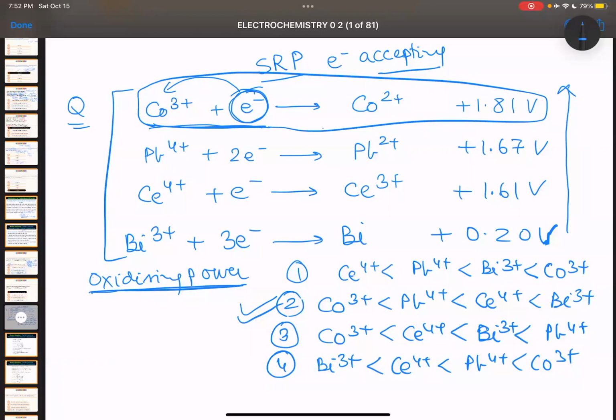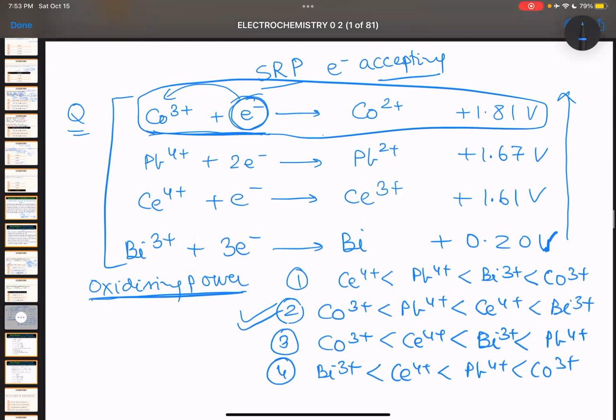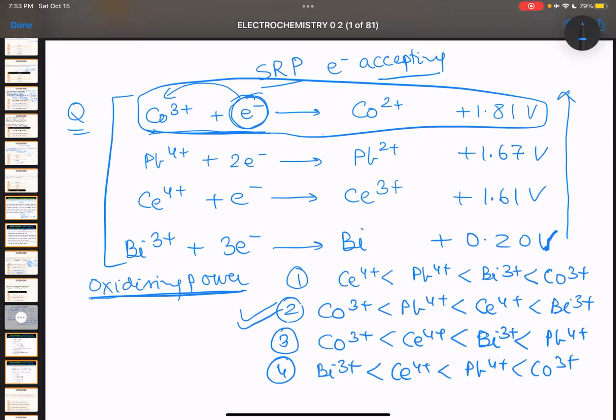It is the ion which itself wants to accept electrons most desperately, that can cause the oxidation of other substances. So cobalt plus 3 is the strongest oxidizing agent, followed by lead plus 4, followed by cerium, and then the bismuth.